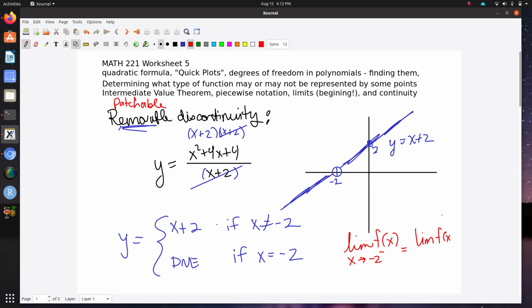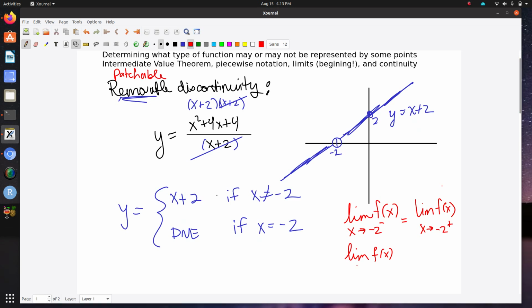If that's true, and it is, then the limit of f of x as x goes to -2 exists. If this limit exists, then we can patch the hole.